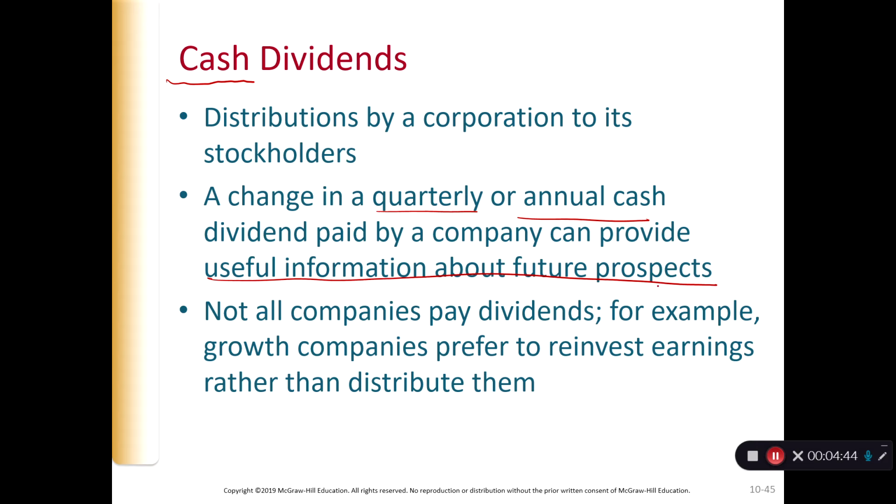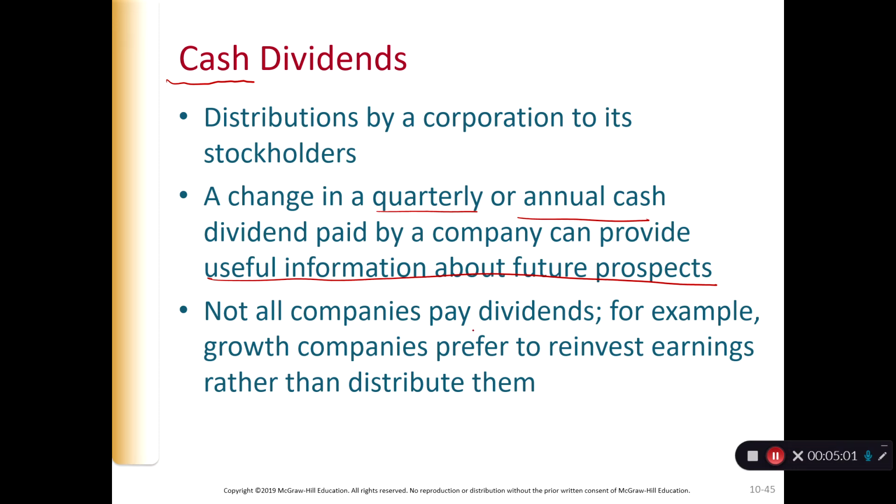For instance, an increase in dividend is often perceived as great news, because companies tend to increase the dividend when they believe that in the future they will be doing pretty well. That's why they declare more dividends.